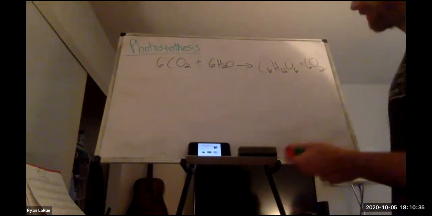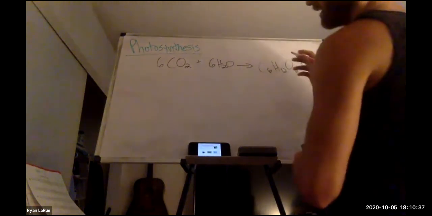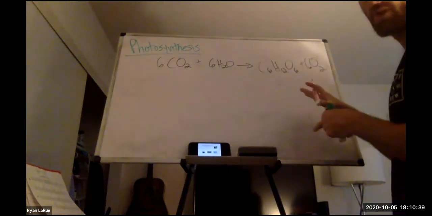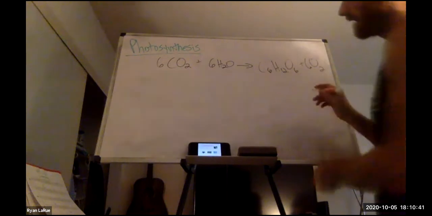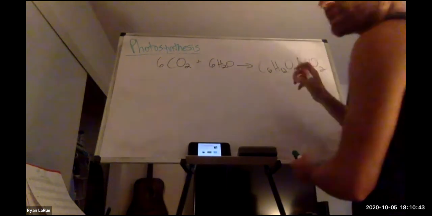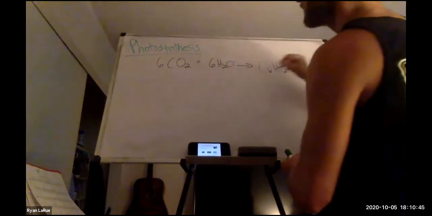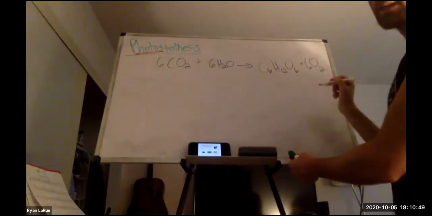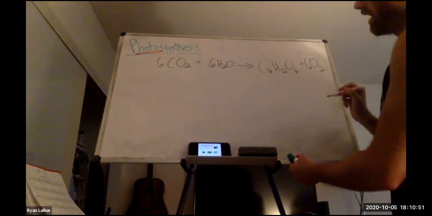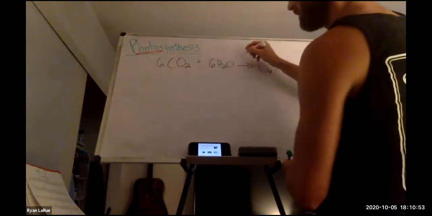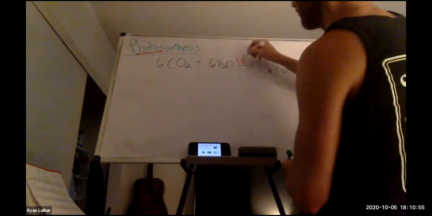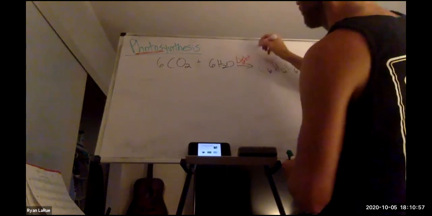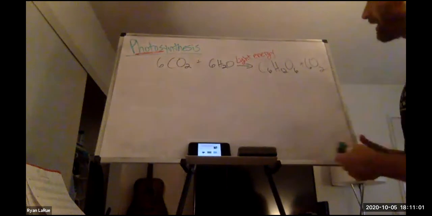Couple key things here. First of all, there are enzymes involved, certainly. Biochemical pathways, absolutely. But a key thing to remember here is that this process of photosynthesis, photo from the Greek light, requires light energy, which we'll see shortly.